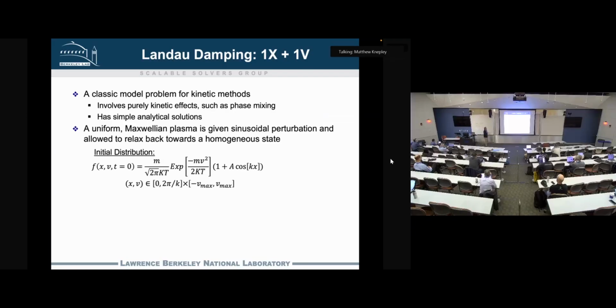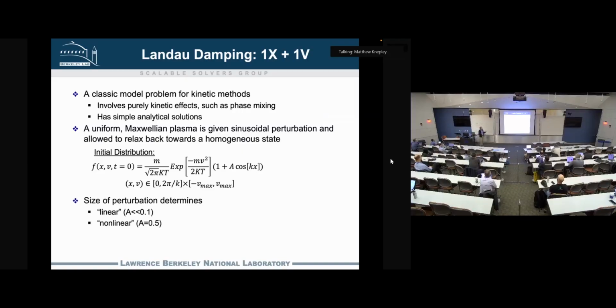It's simply a Maxwellian distribution, so you have a stable distribution of particles. This is a Maxwellian in velocity, and then you give it a perturbation in x. It's stable, so it'll just oscillate, and you'd think it would oscillate forever, but it doesn't, it damps.